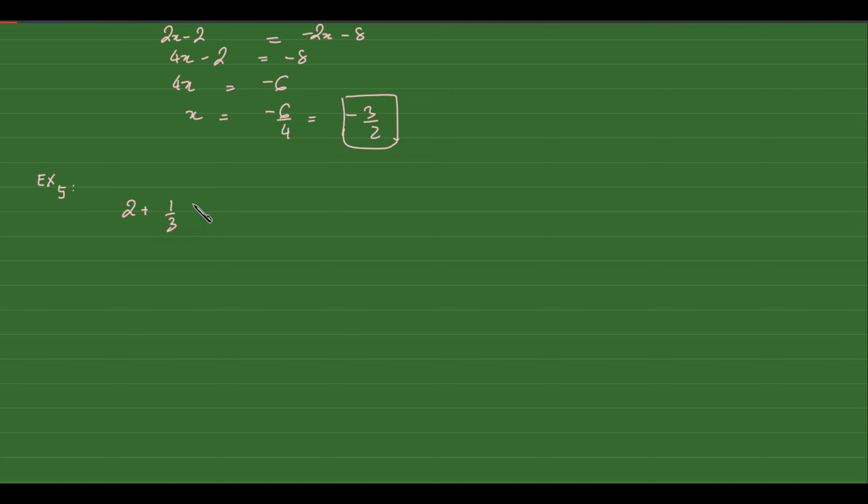So 1 over 3 times x minus 2 equals 2 bracket 3x minus 1 plus 1 over 2 minus 4x, for example. So this one you go ahead and distribute, and this one you distribute inside, and you combine later.